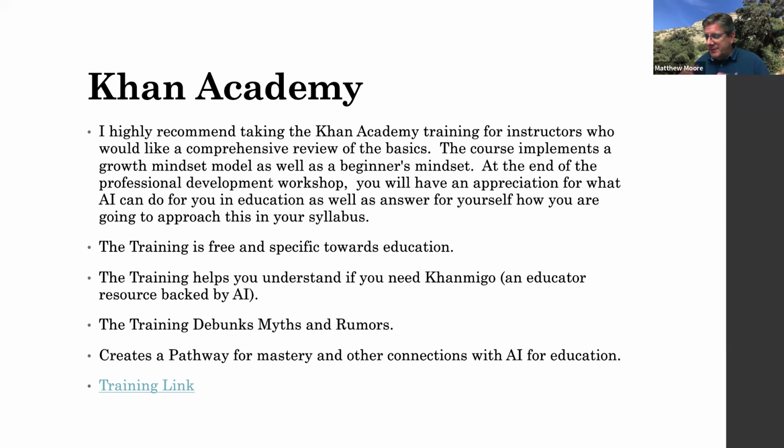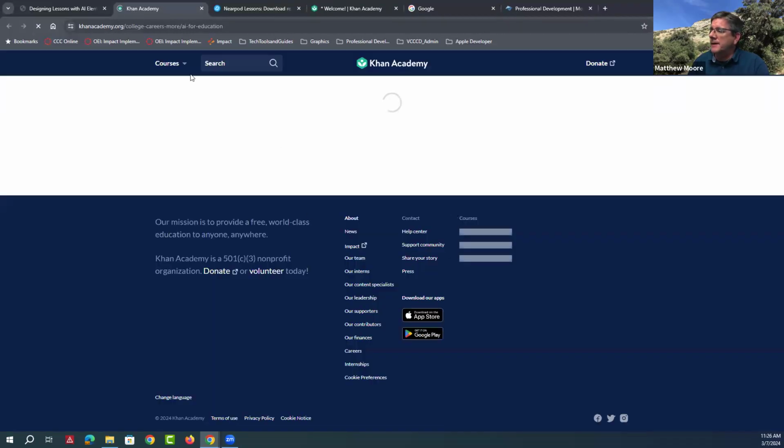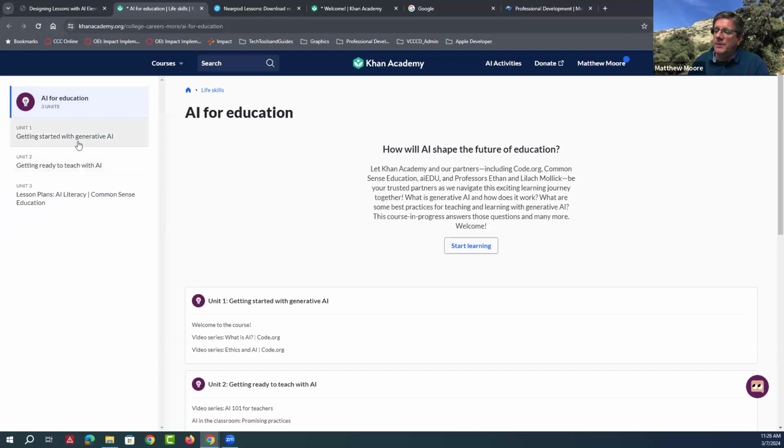AI is coming up in all of these different formats. This is the link to the training. It's pretty straightforward. It's Khan Academy, teaching with AI. Unit 2 was the one I felt was most important for people getting ready to teach with AI. But you have these 3 units here, and you can get a badge and so forth when you're done.